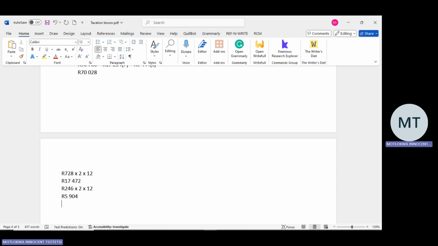So at the end, we are going to add the totals, which are 17,472 plus the 5,904. We need the total of the amount. Or alternatively, you can just take the amounts and deduct them separately.